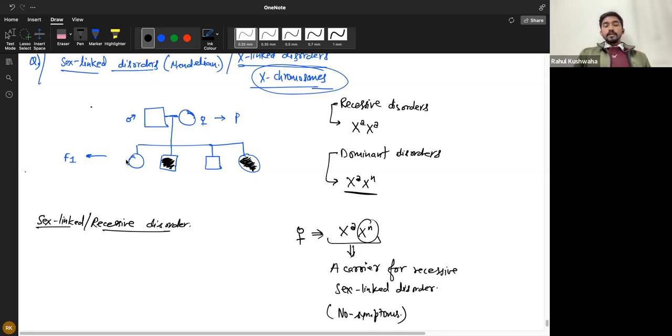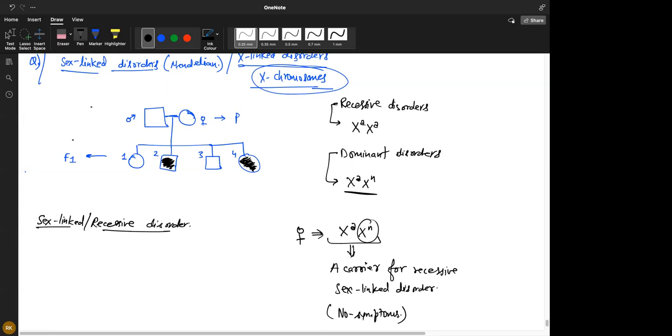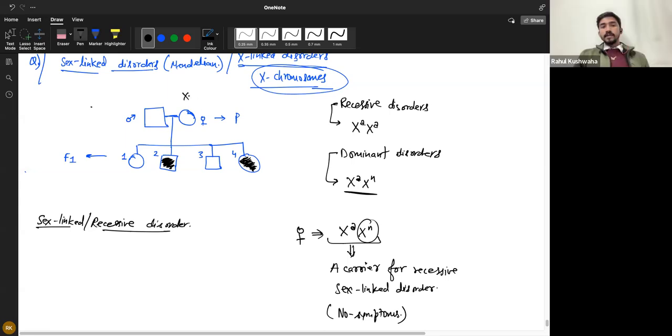So these are the kids, 1, 2, 3, 4, and the parents, mother and father. Tell me, Rifat. The mother will be a carrier. So you're saying the mother is a carrier, which means XAXN. Okay.